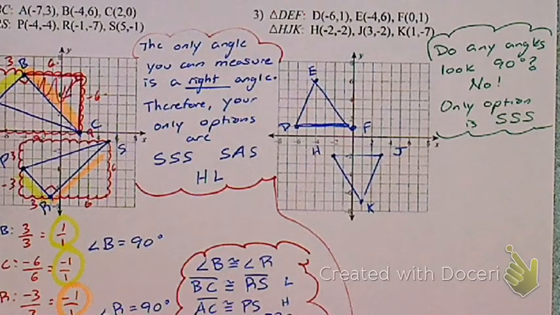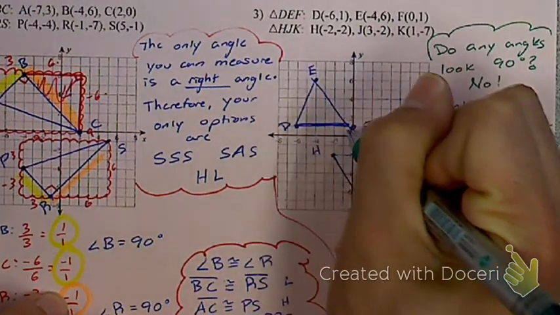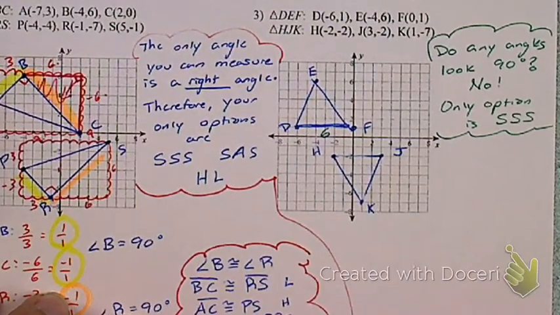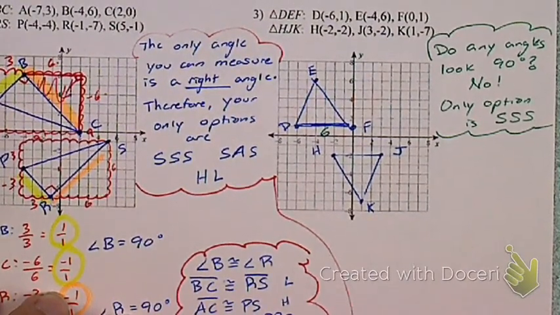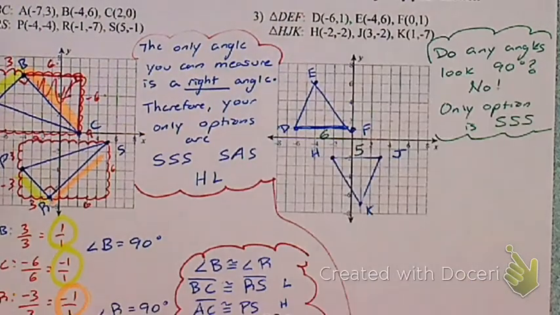Is there a side in triangle DEF that I can just count? Yeah. Which one? DF. DF is flat, so you count just 1, 2, 3, 4, 5, 6. How about in HJK? That one is 5.